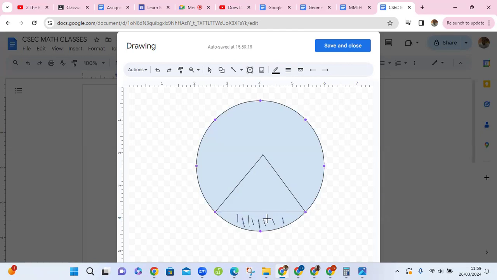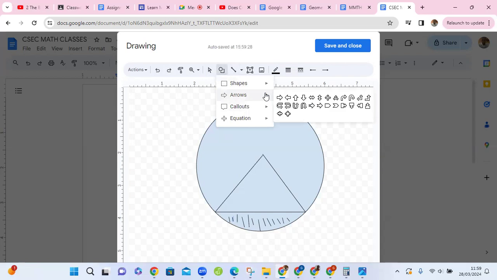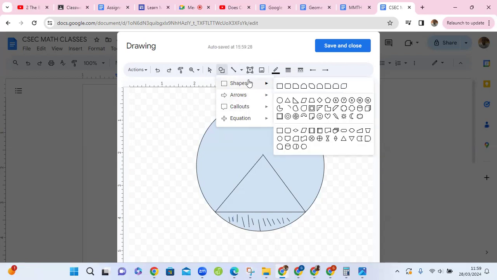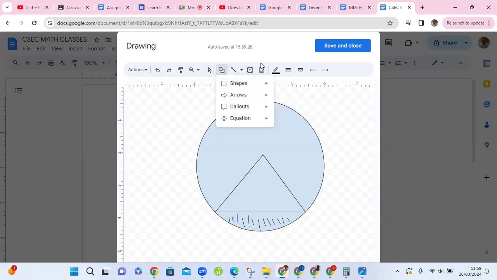Now, for the area of the sector, let's look at the list of formulas to know what the area of the sector is, and the area of a triangle. This is an isosceles triangle. What I want is another shape, a curve. Can I put in a text?